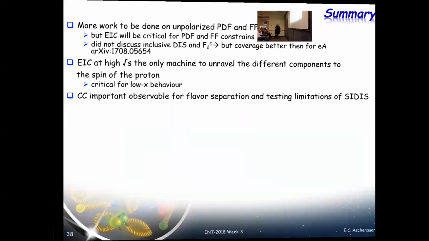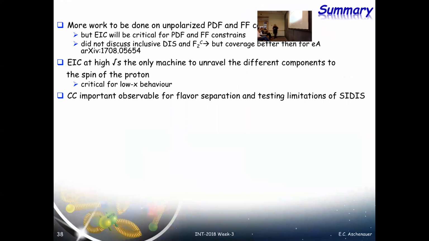So that brings me to my summary. More work absolutely has to be done on the polarized and unpolarized PDFs and fragmentation functions. But I think an EIC will be critical to further our understanding of PDFs and fragmentation functions. I did not discuss inclusive DIS and F2 charm.